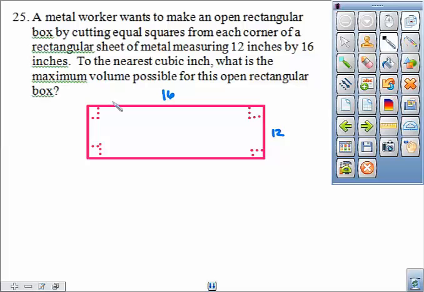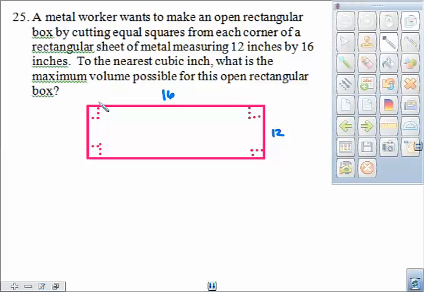We don't know what they're cutting off, but they want to maximize the volume, so we'll call the amount that we're cutting off x. So x is going to come off every side. It's coming off this side twice, on both ends, and this side twice, both ends.